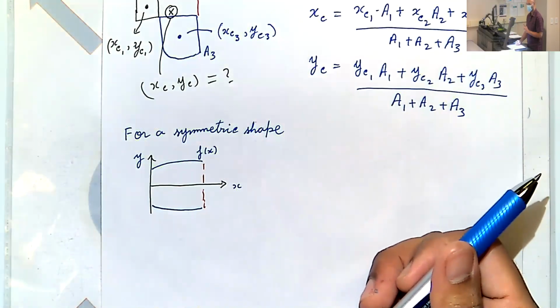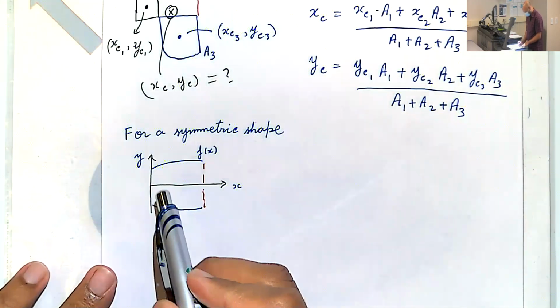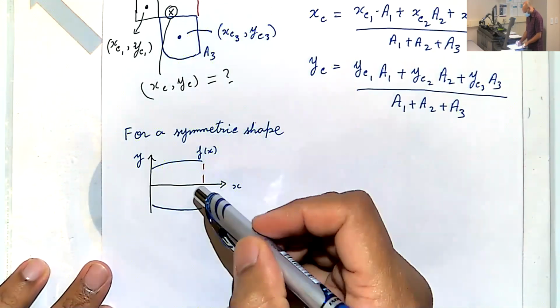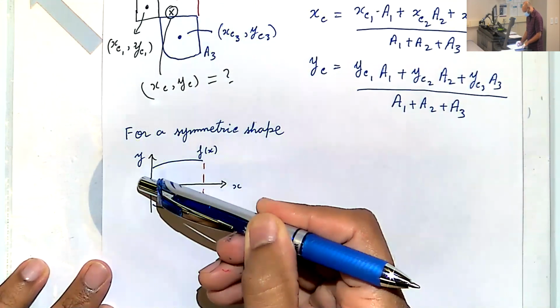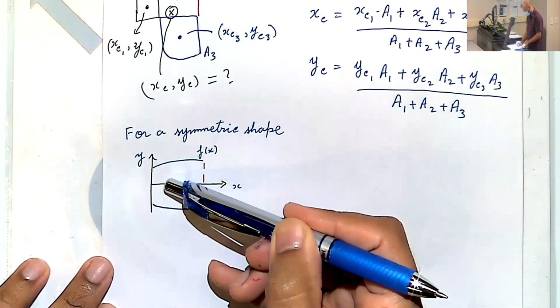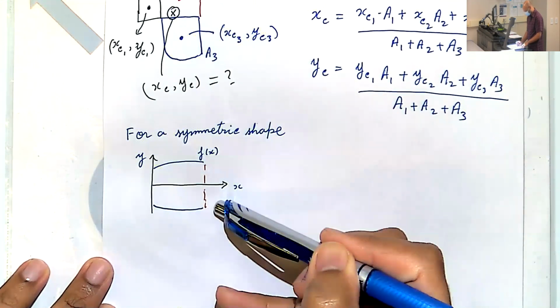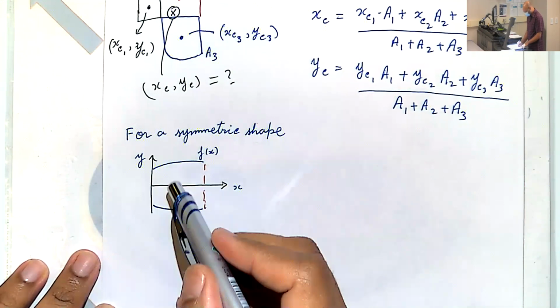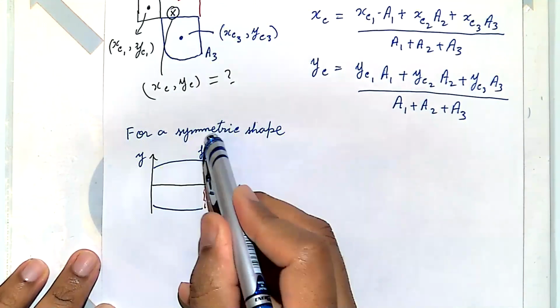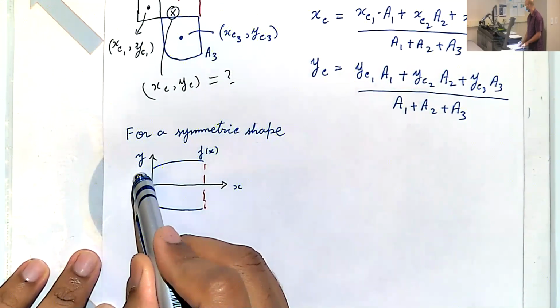I agree with the first part, not with the second part. So you can see the Y centroid has to lie on this axis. So YC is equal to 0 for sure, because it's perfectly symmetric. The XC is more complicated. It depends on what this f of x looks like. So this is not a perfect rectangle.